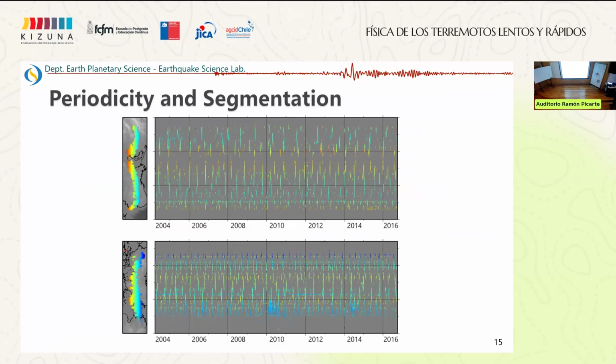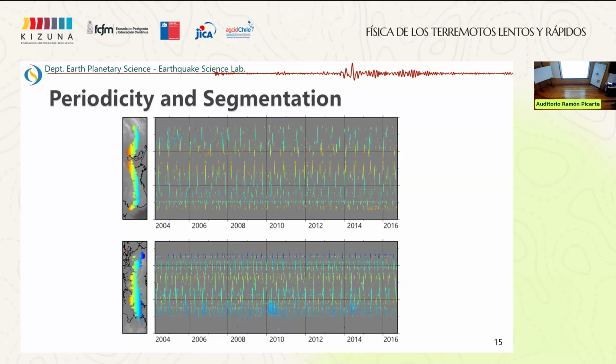And they are very interesting in several characteristics. The occurrence of tectonic tremor is characterized by some spatial regions. It does not occur totally randomly. Rather, as this slide shows, this is the time and location of tremor for more than 10 years. So you can see tremor occurrence is nearly periodic.